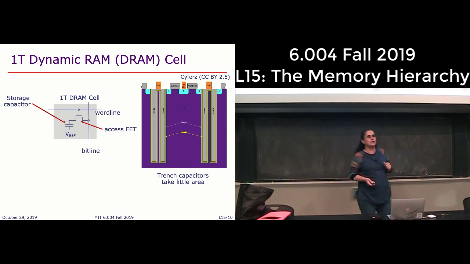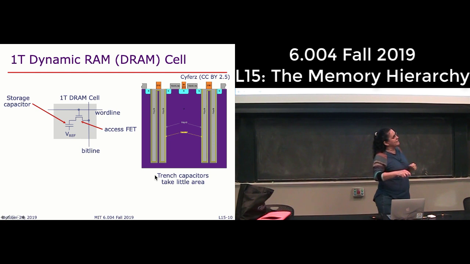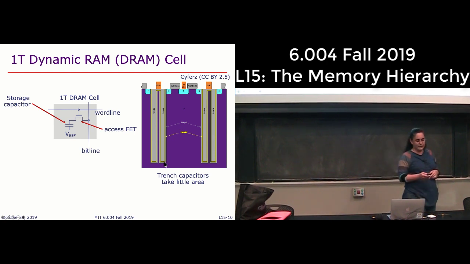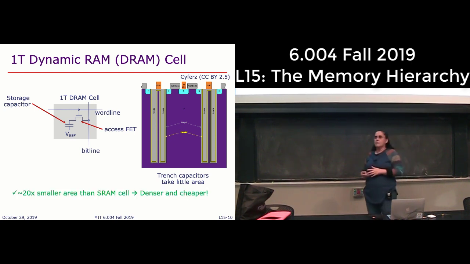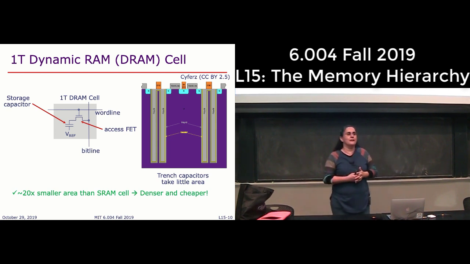So what these trench capacitors allow us to do is make the area of the capacitor plates very large while not changing the surface area much at all. So the size of the access FET doesn't change, even though I'm making the size of the capacitor plates significantly larger. And so this is typically how DRAM cells are designed. So, what's good about our DRAM cells?